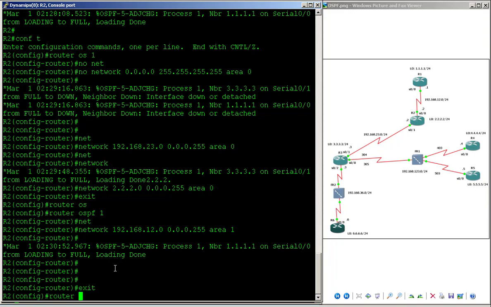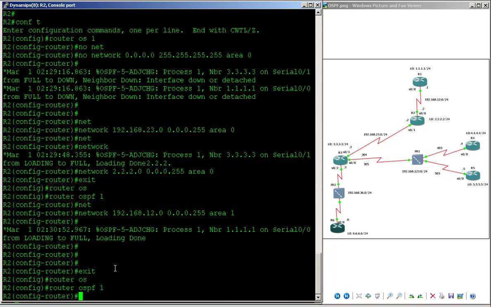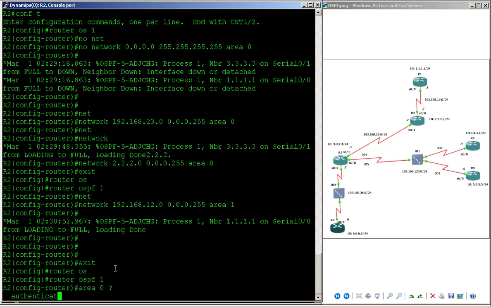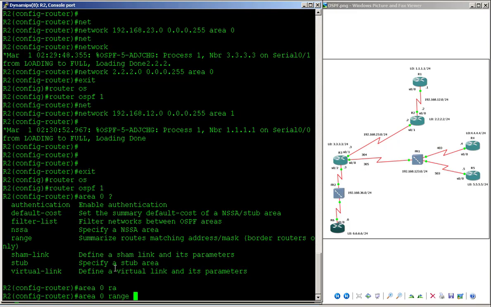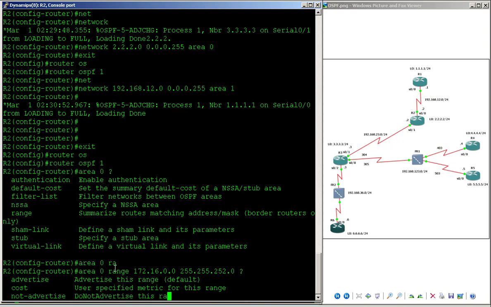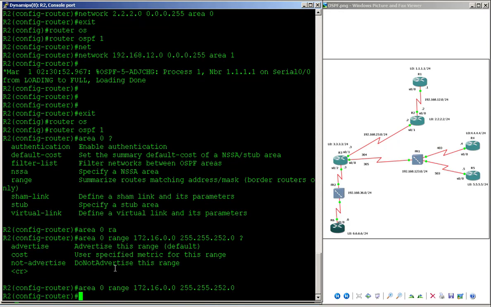I say router OSPF 1, and then area 0, which the loopbacks are in, and then range, and I do the summary address, which is 172.16.0.0. You should know how to do the summary address. This is the summary address of these 3 loopbacks, and enter.